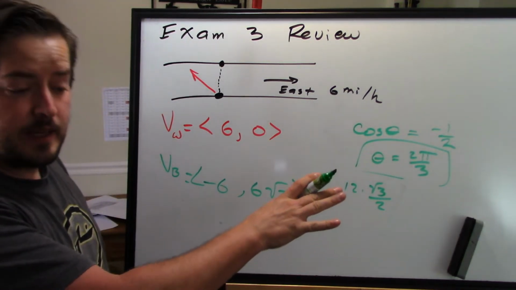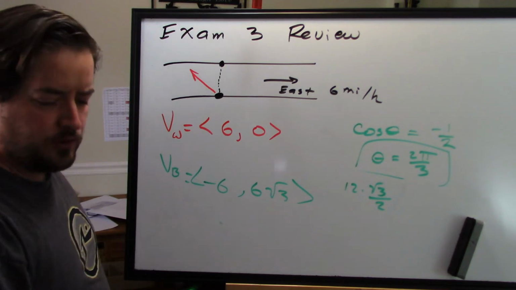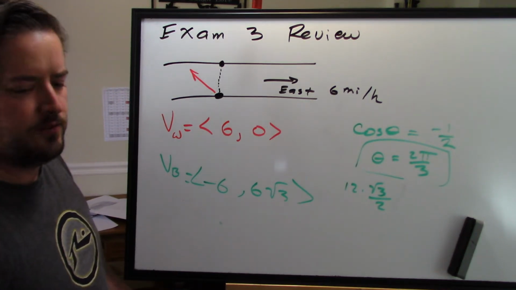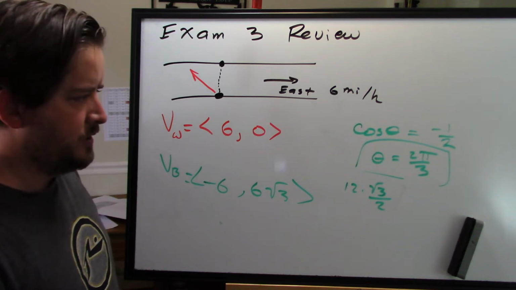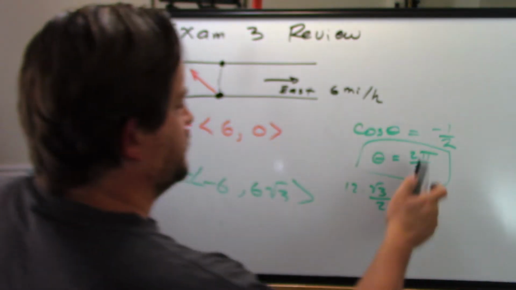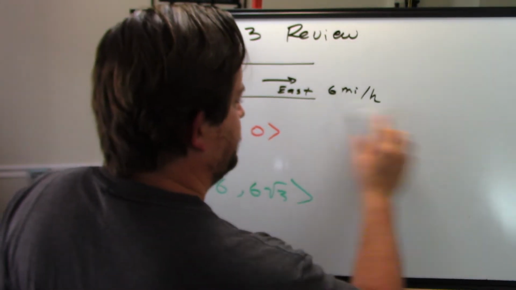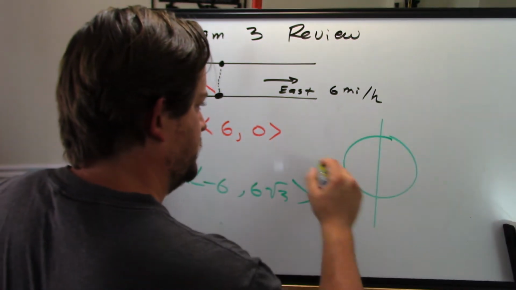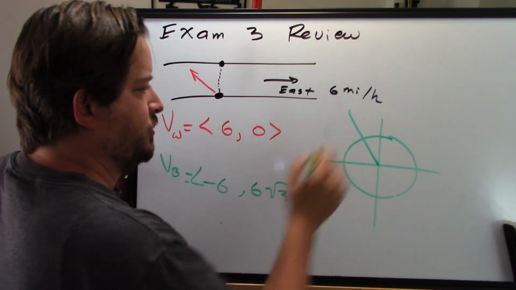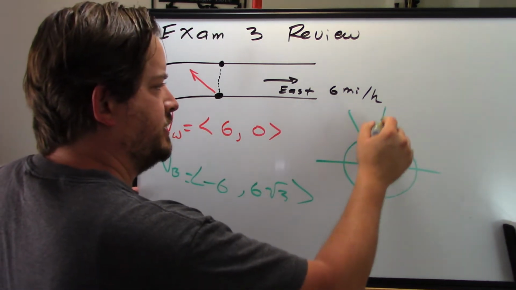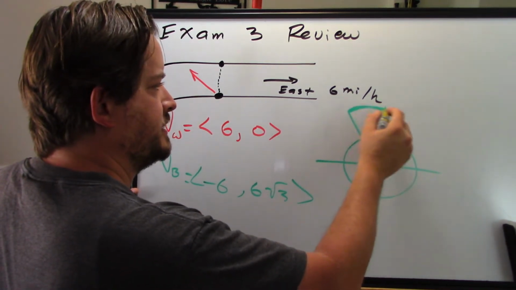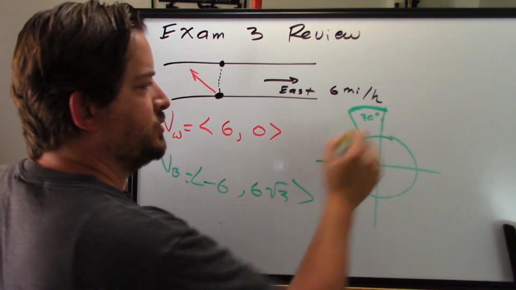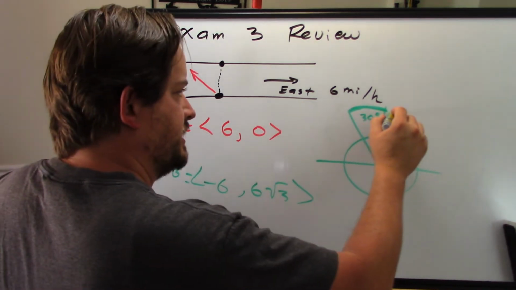And that's an acceptable answer. In the answer sheet for the review that I gave you, which I didn't write, it covers some stuff in language that we may not have talked about. But if you think about where 2 pi thirds is, it's somewhere over here, and in between 2 pi thirds and this straight up and down 90 degree, there's an angle of 30 degrees. And this is north.